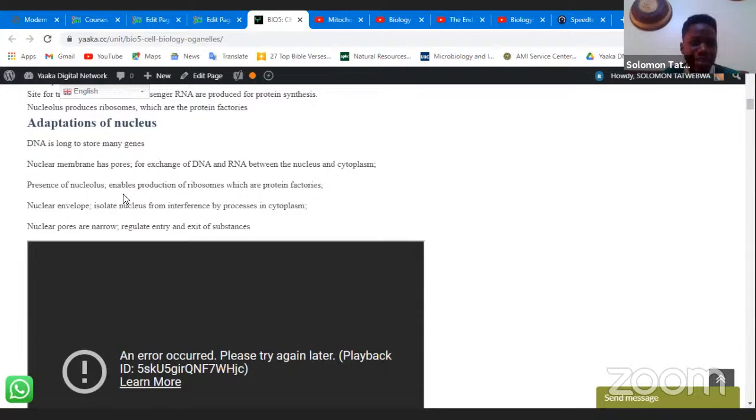The presence of the nucleolus enables production of ribosomes, which are protein factories. Becky said this about the ribosomes, that they're sites for protein production. So the nucleus is adapted in such a way that it contains the nucleolus to produce ribosomes, which in turn produce proteins.